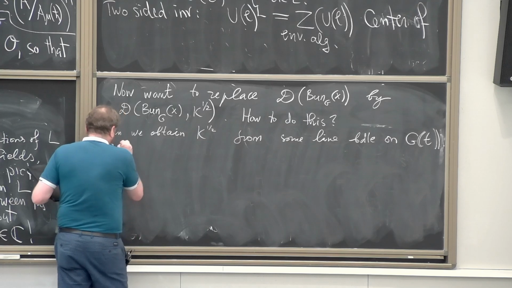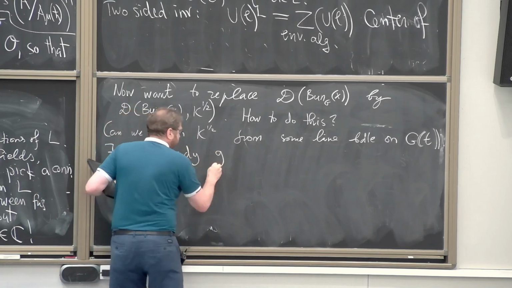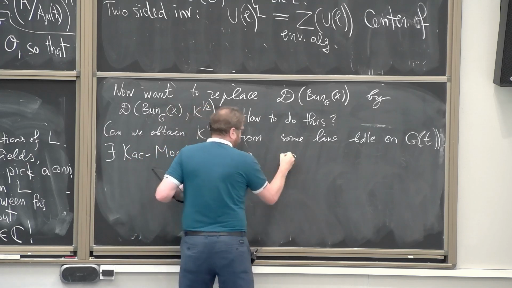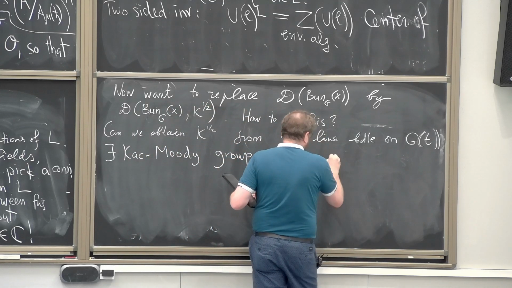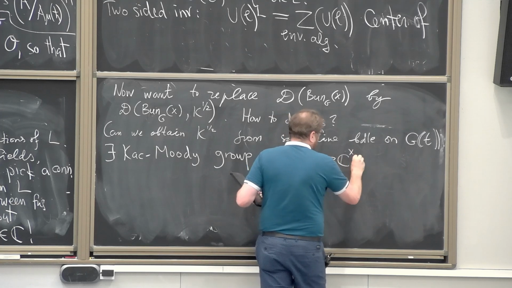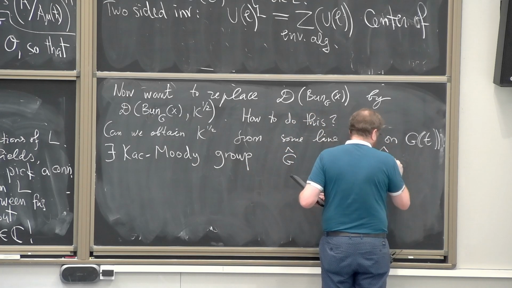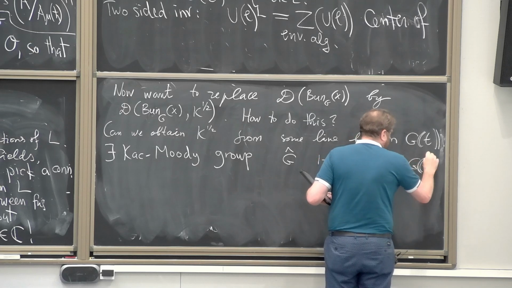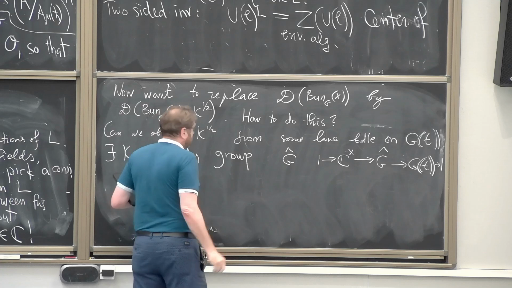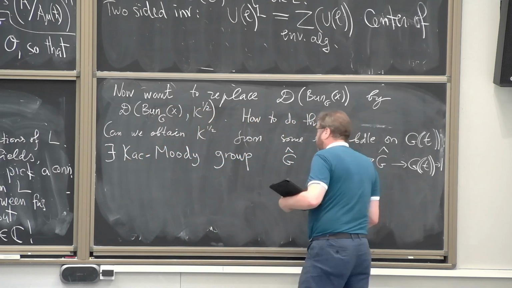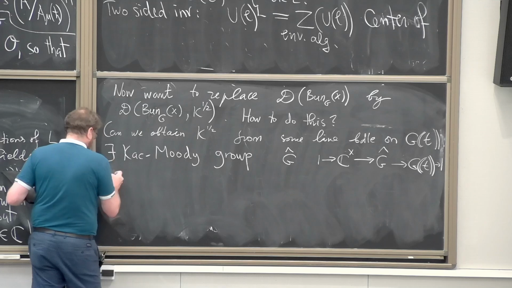So there is this Kac-Moody group, which is denoted by G hat, and it is included in the exact sequence C star, G hat, G((t)), 1. And line bundle. So this is a principal C star bundle.